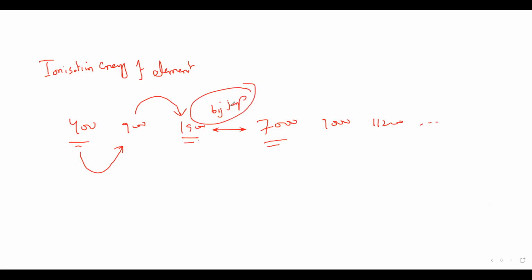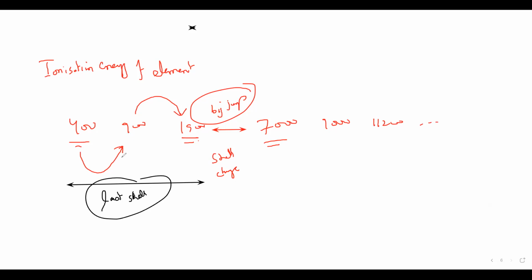When there is a big jump in the values of ionization energies, it means the shell changes. So these are the electrons which were there in the last shell, because electrons are always removed from the last shell.